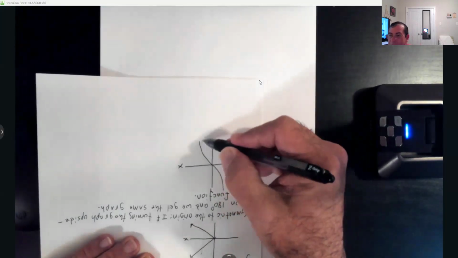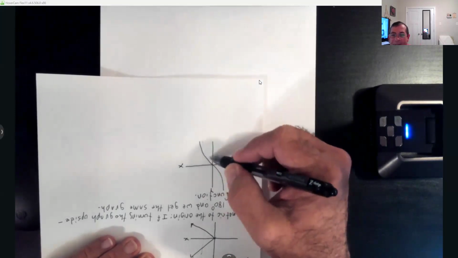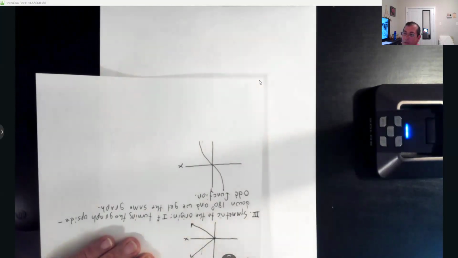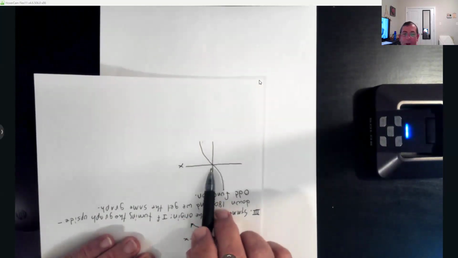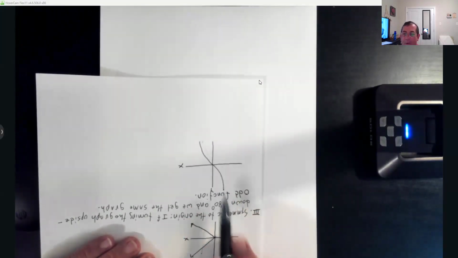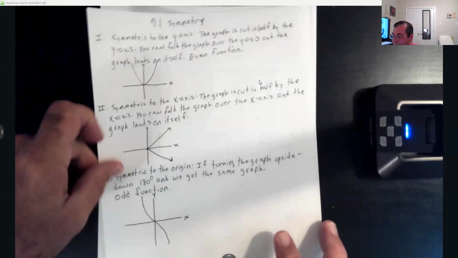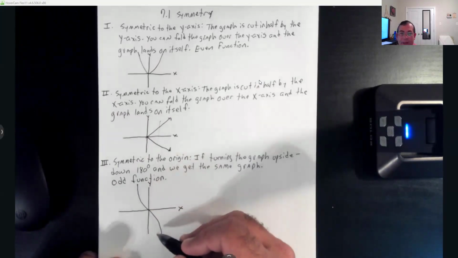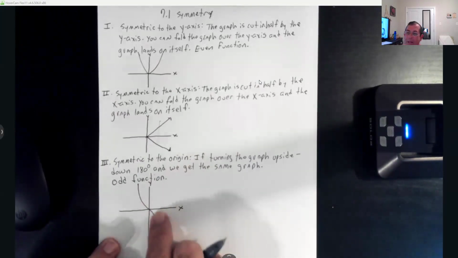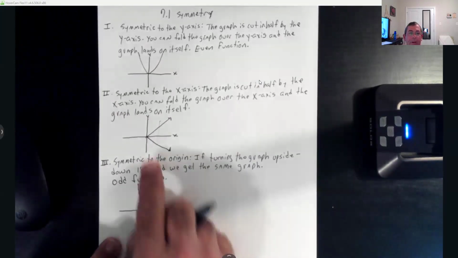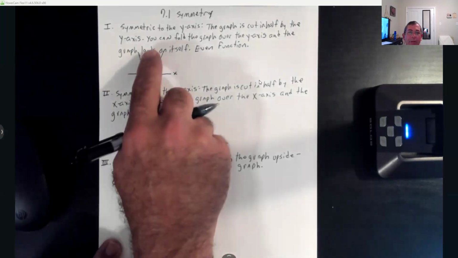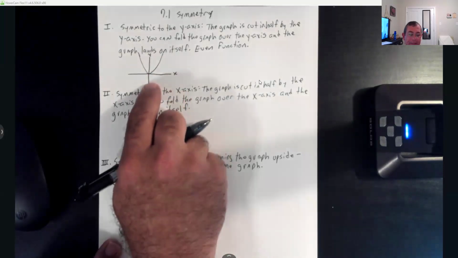And y'all look, I got the same graph. It's coming down on the left, passes through the center, and goes downhill on the right side. So this graph has the same shape when I turn it upside down as it does when it's original graph, okay? So this is symmetric to the origin, symmetric to the x-axis, and then the top one, symmetric to the y-axis.